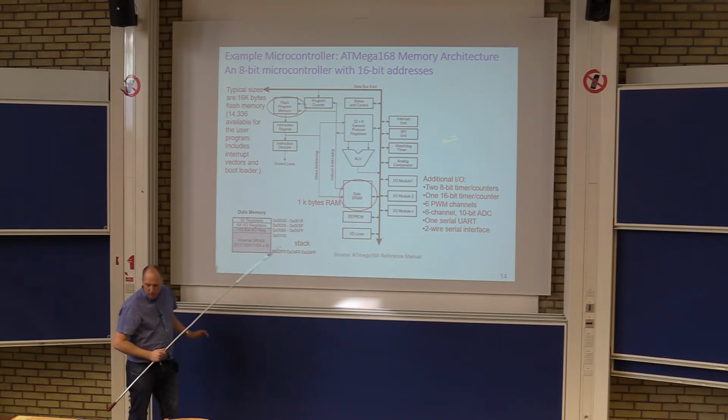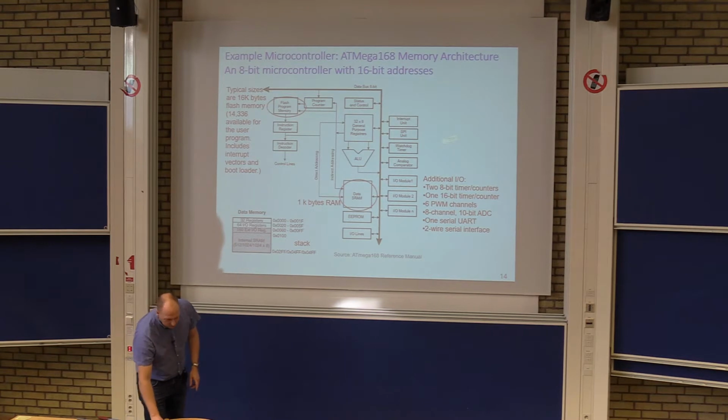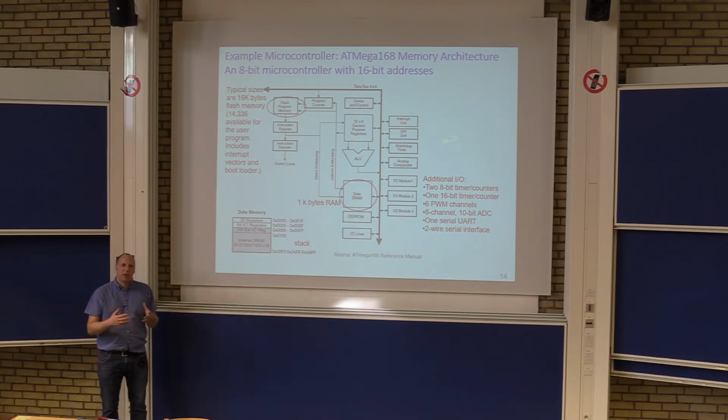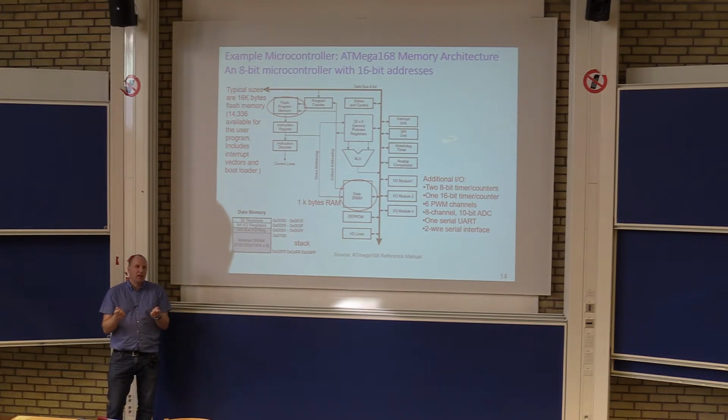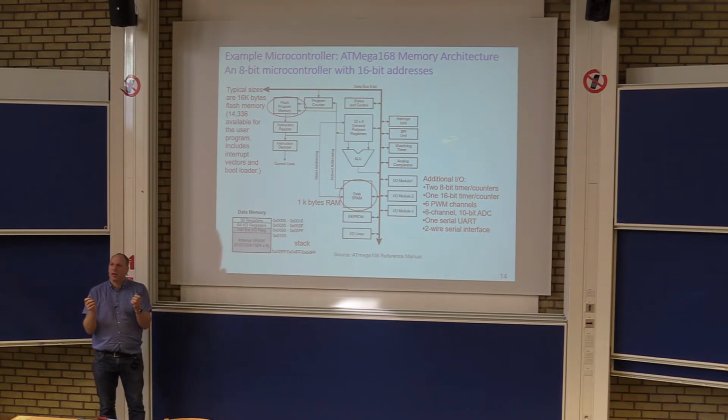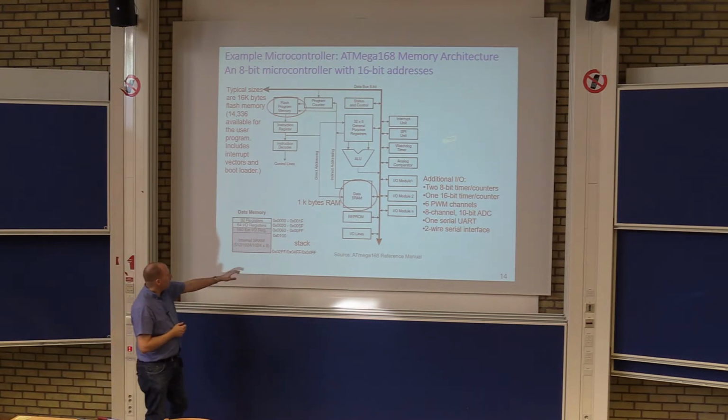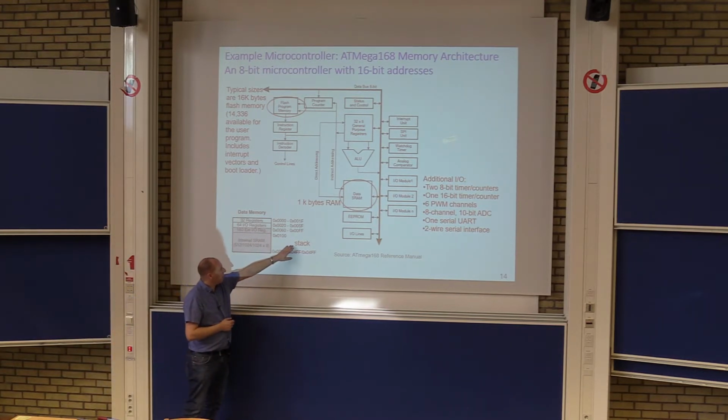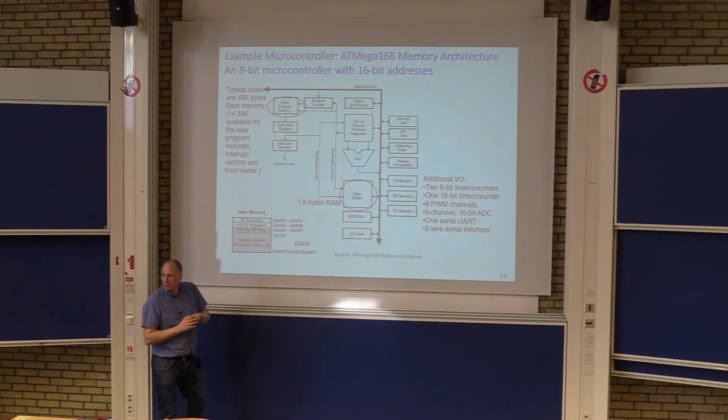Then something we need to know about is that when we execute a function, or a method, or whatever you call it, it can have local variables declared. So where will the local variables be in the main memory? They will be put on something called the stack.